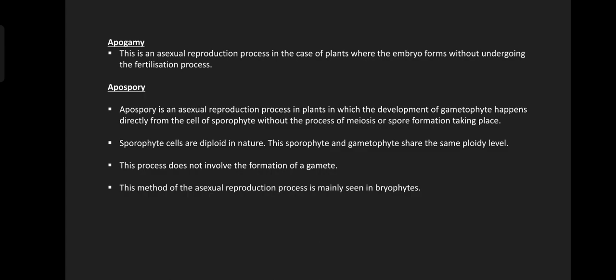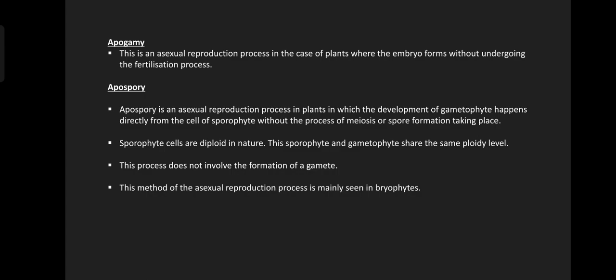This is an asexual reproduction process in plants where the embryo forms without undergoing the fertilization process. Apospory. Apospory is an asexual reproduction process in plants in which the gametophyte develops directly from the cell of the sporophyte without the process of meiosis or spore formation taking place.